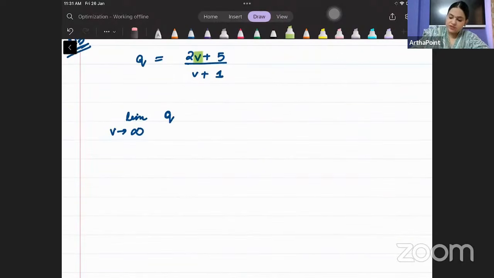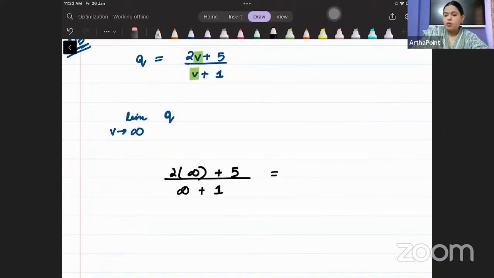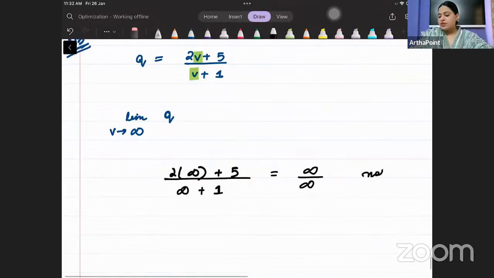If I put this infinity and this also infinity, तो क्या हो जाएगा? 2 into infinity plus 5 upon infinity plus 1. Beta, infinity means very large number. If you add something to it, beta, it remains a very large number. Beta, again, infinity by infinity is not defined.